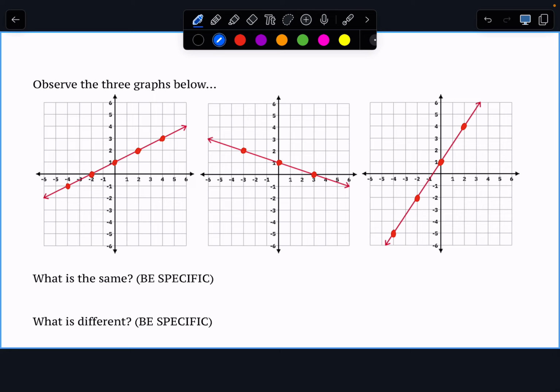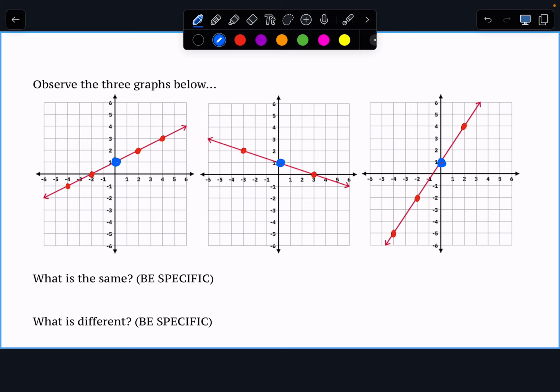I have four groups that said, hey, they all have a dot on one. Do you see that? Yeah? Okay. They all have the same coordinate on the y-axis, okay?